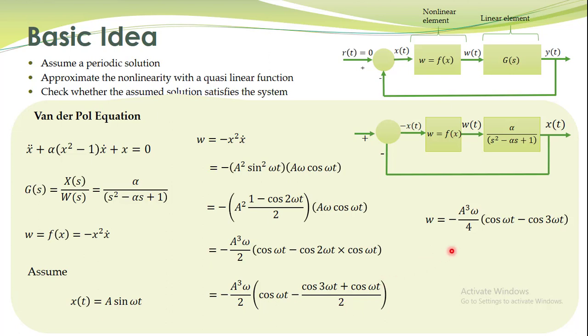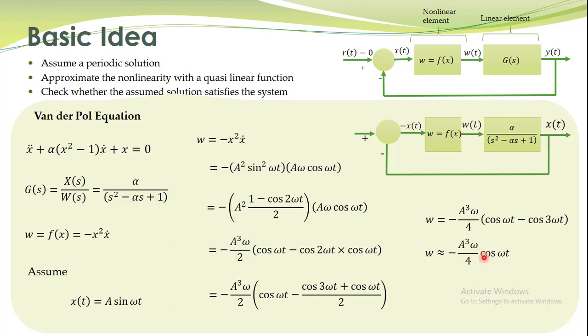This 2 is brought outside the bracket. So that is, w of t is equal to this thing. For x of t equal to this thing, w of t is given by this expression, which is approximately equal to this thing.